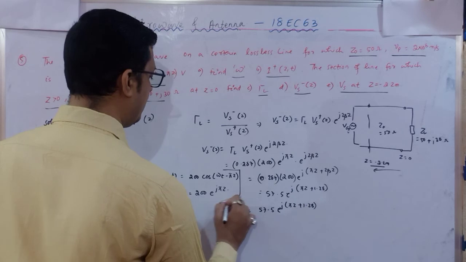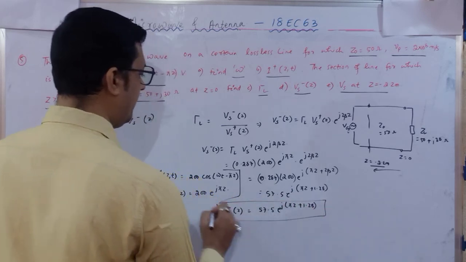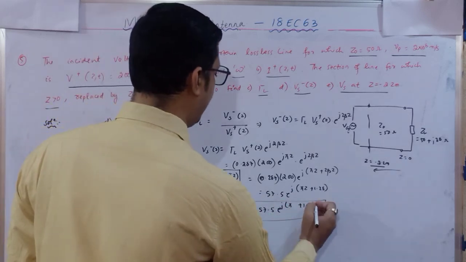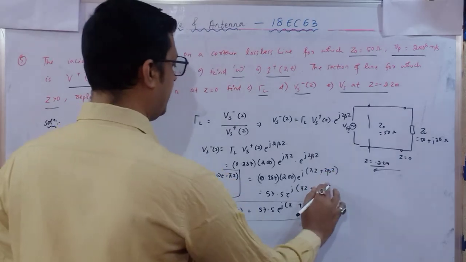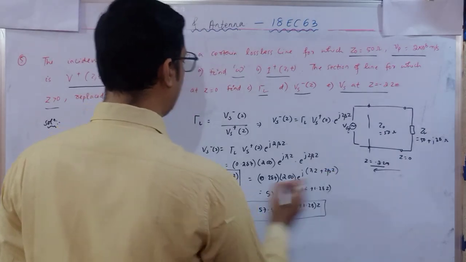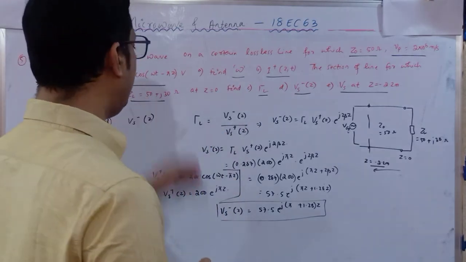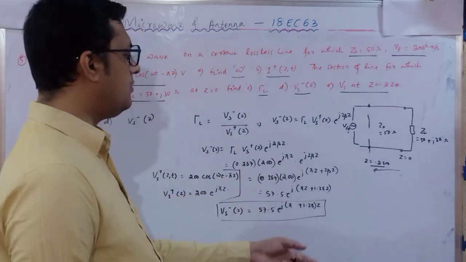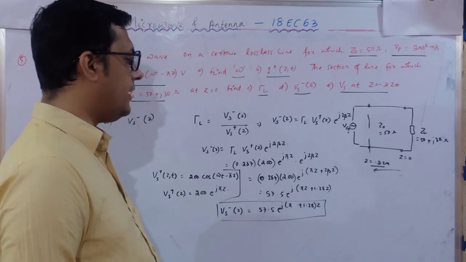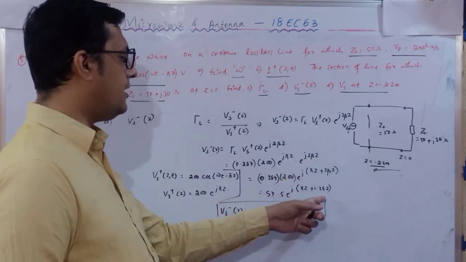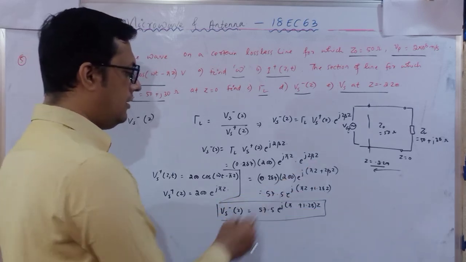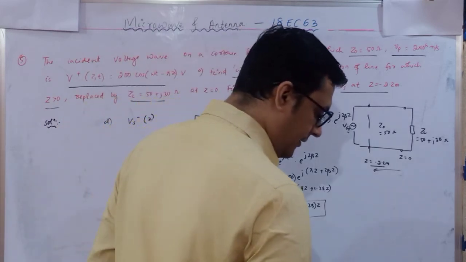And this z we take outside, because here the beta value is near about pi.